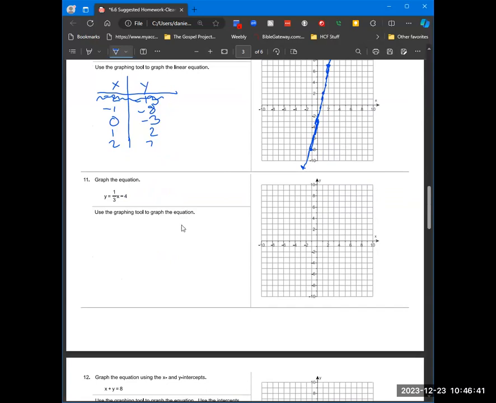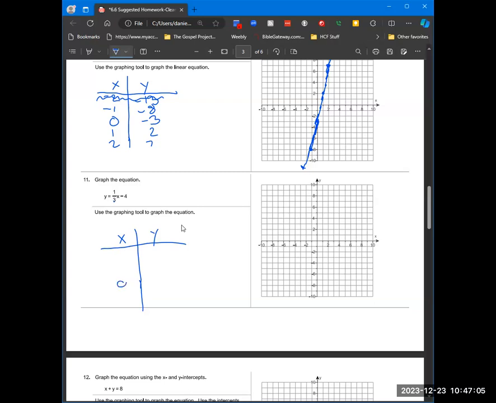And I'm going to give you a hint on how to deal with this one that has a fraction for the slope. I'm going to choose multiples of this number for my x value since I get to choose x. So this time, because I don't want any fractions, I don't want to have to graph between points here.